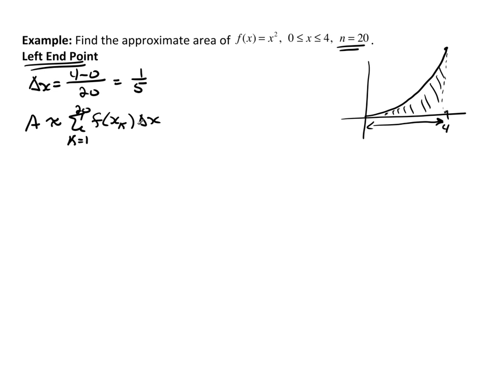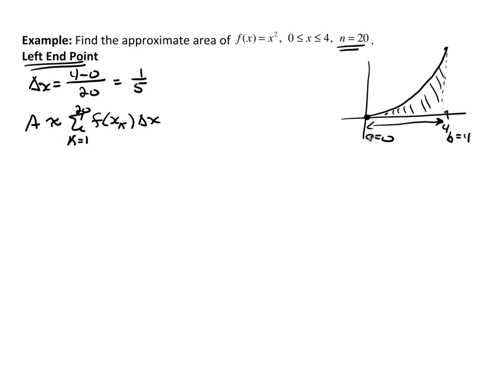So I need to figure out what it means to be at the left endpoint. Well, here, my starting point A equals 0 and B equals 4. When k is 1, I need to be over here at 0 because that's where my left endpoint is.